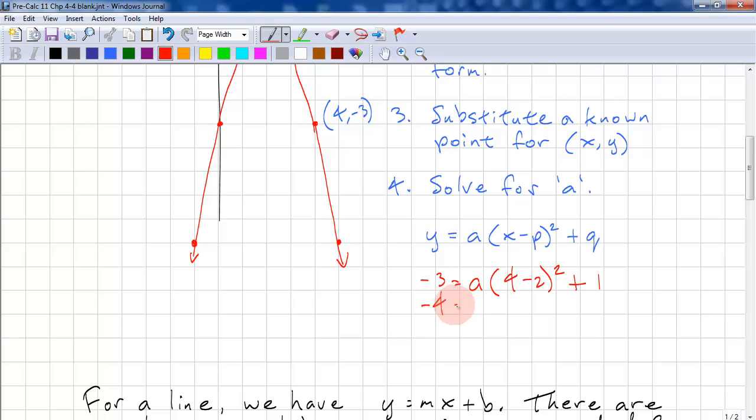So we have -4 equals a times 2 squared, which is 4. And we have -4 equals 4a, so a equals -1. We're dividing both sides by -4. And we write our equation. So y equals negative, we don't need to put the 1 in, (x minus 2) squared plus 1.